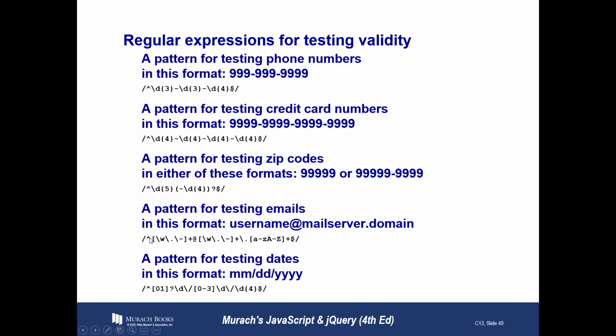Okay, one or more times from the beginning of the string, and then the symbol at, and then another letter, a number, and then a dot, and then a dash, and then one or more times, okay?